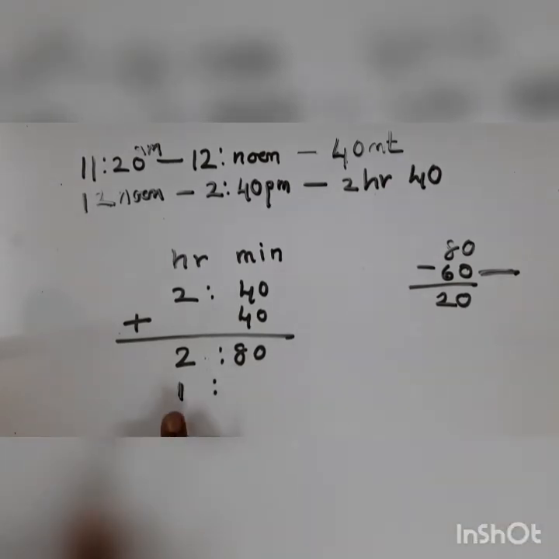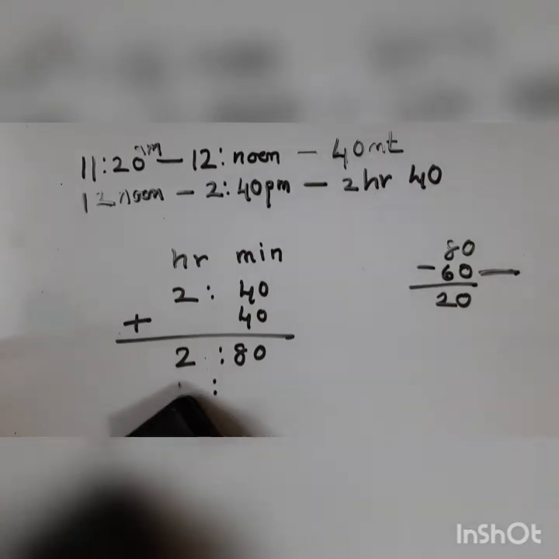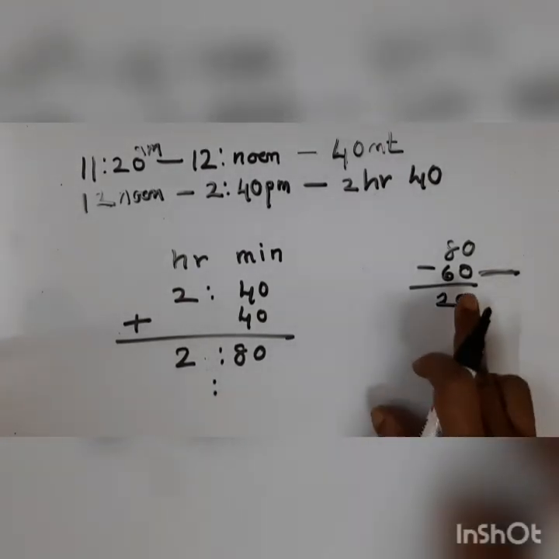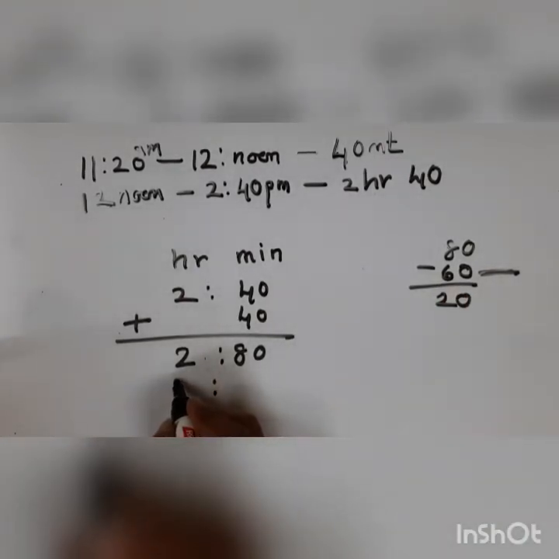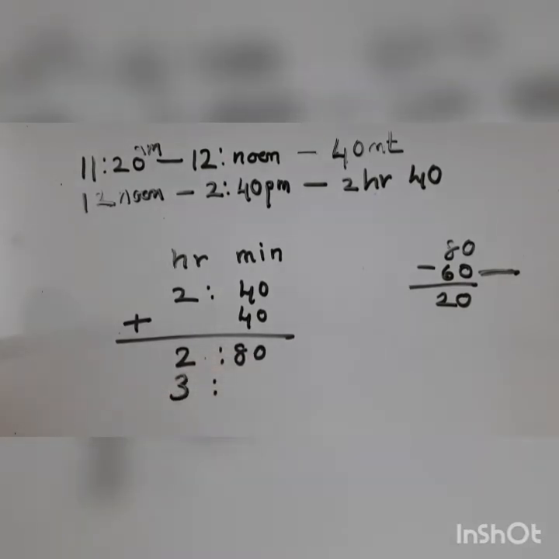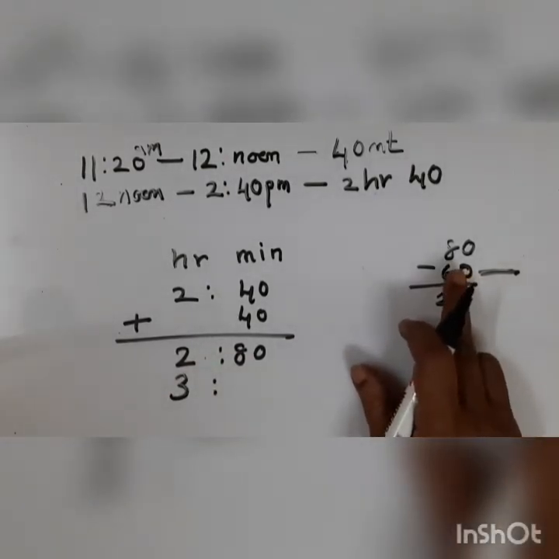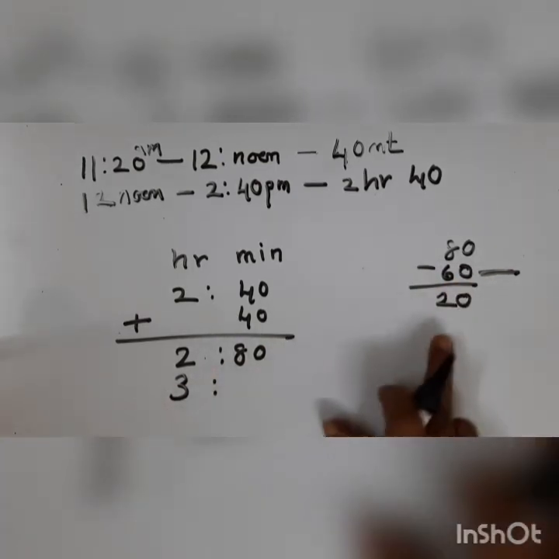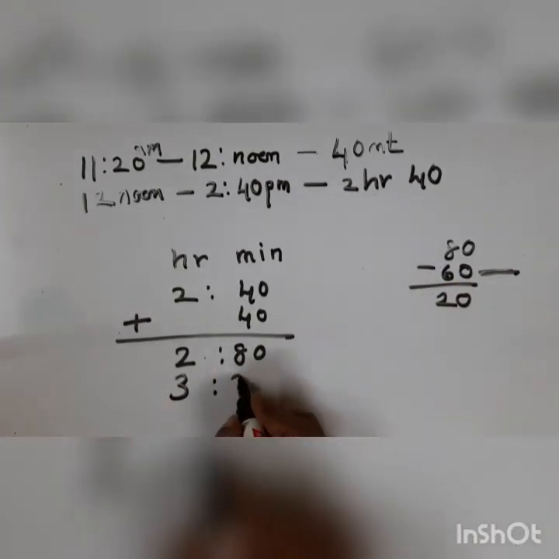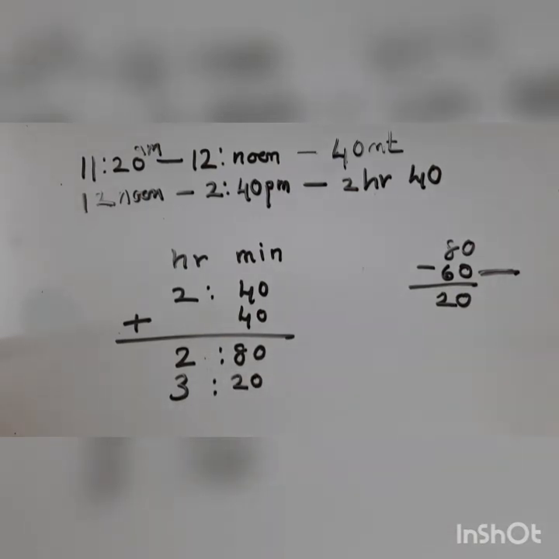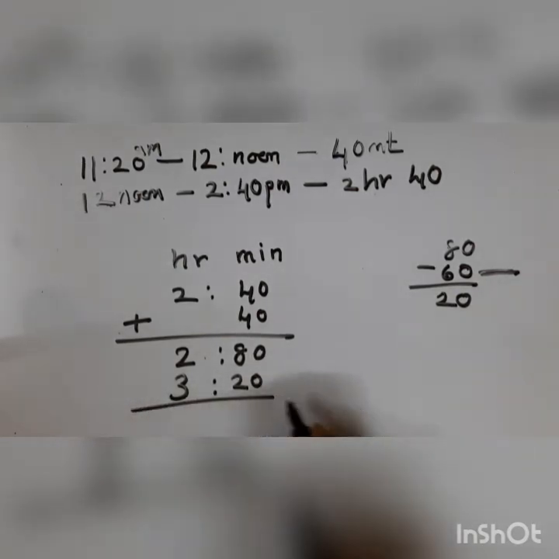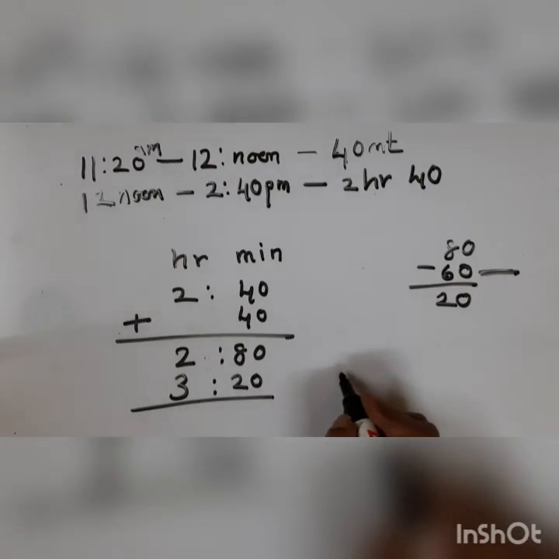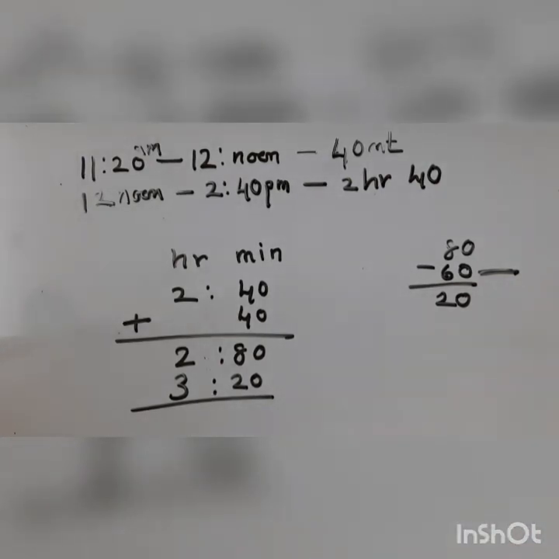So when I transfer this 1 here, 2 becomes 3. Why? Because this 60 I have transferred here. 60 minutes is 1 hour, so it has come here. And what remains is 20. So how long did the train travel, children? It took 3 hours and 20 minutes for the train to travel.